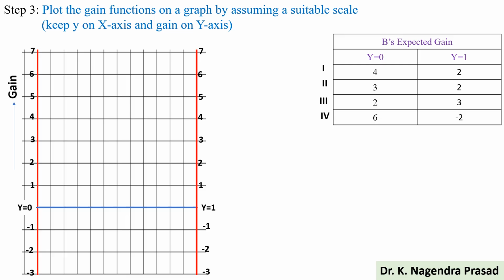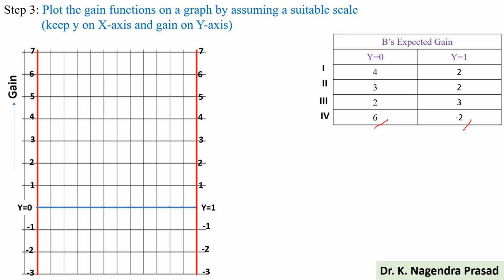Similarly, we have to draw the y-axis with the gain values with suitable scale. Here the gain values range is 6 and minus 2. So we have to represent the gain values on the y-axis within the range of 6 to minus 2.